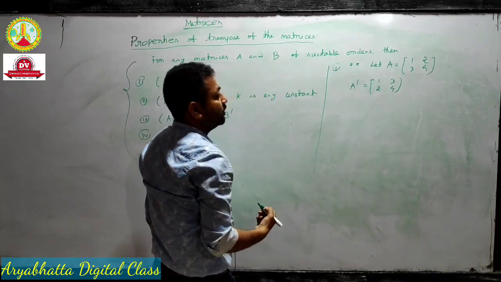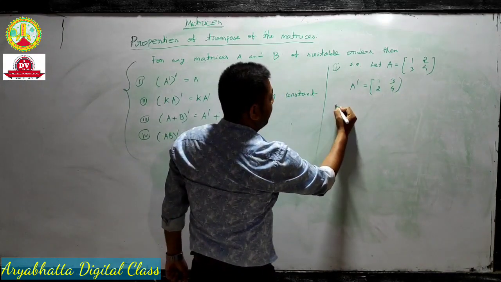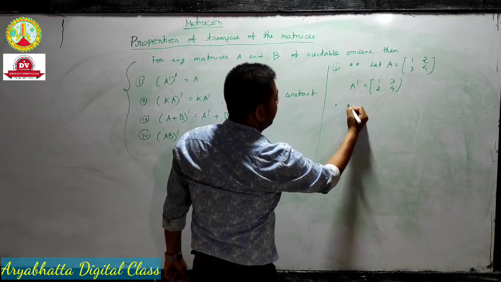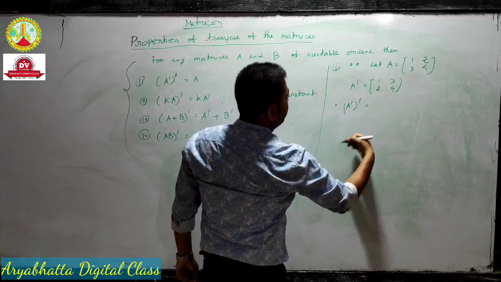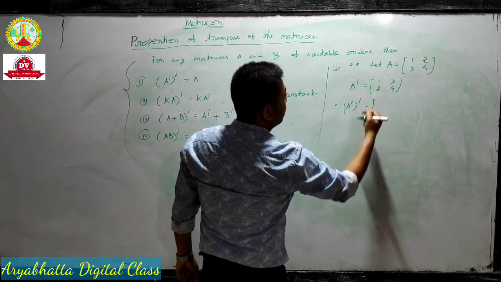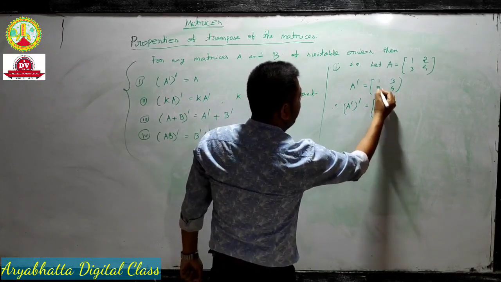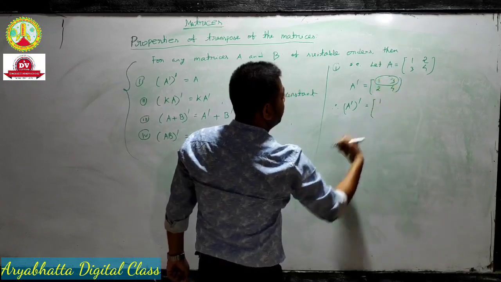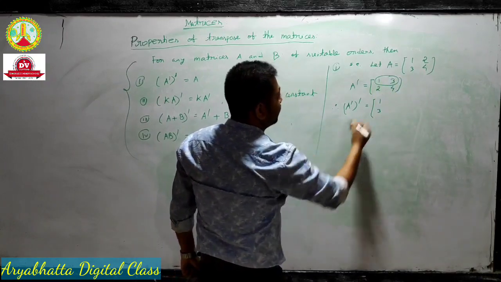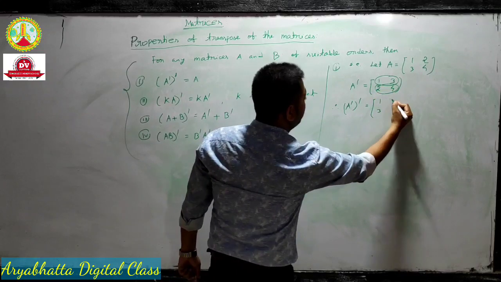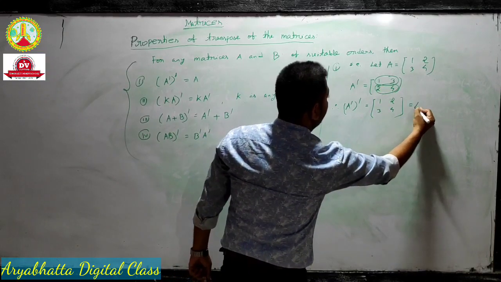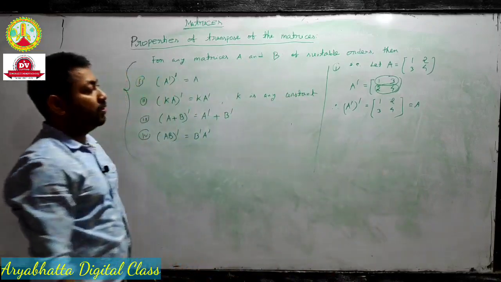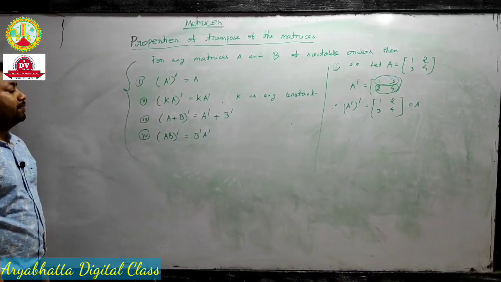Therefore, it is equal to 1, 3, 2, 4, and its whole transpose: the first row interchanges to first column 1, 2, the second row interchanges to second column 3, 4, which is equal to A.